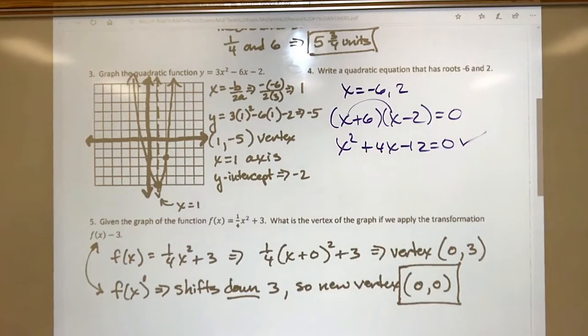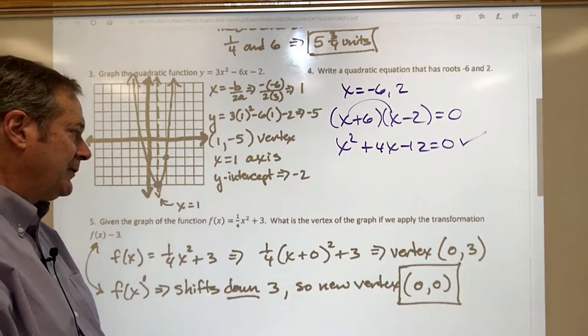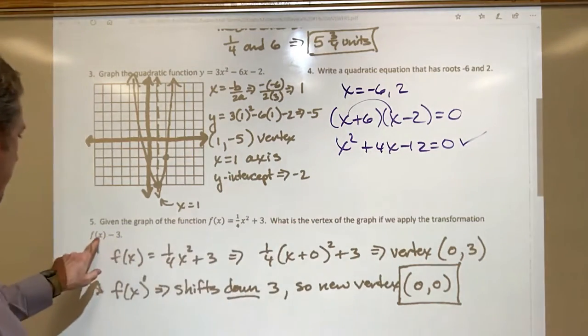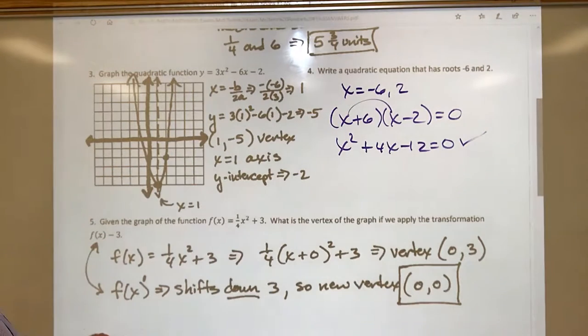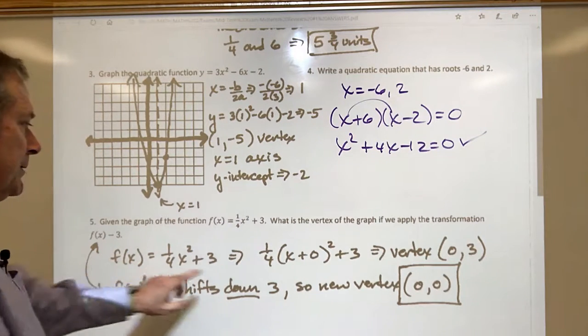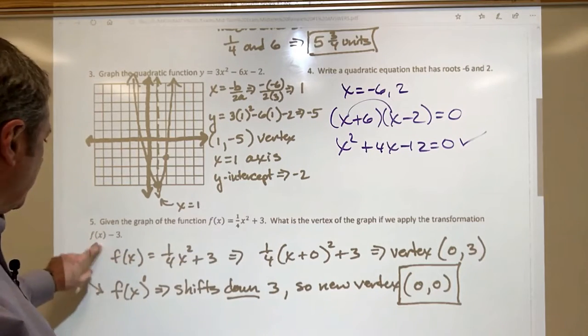Okay, number 5, given the graph here, what's the vertex if we apply the transformation of -3? It's written kind of strangely.